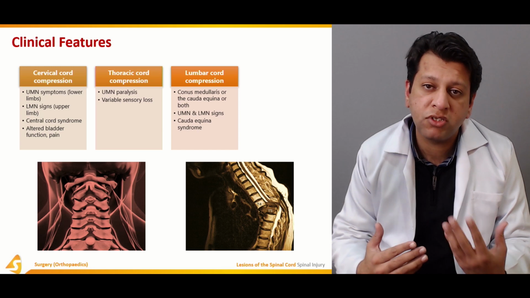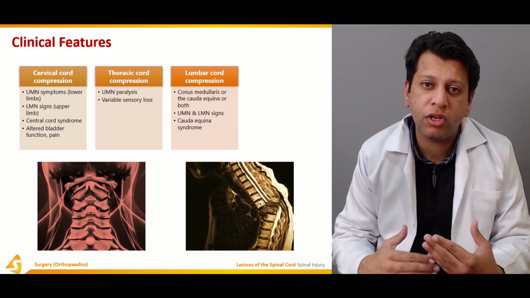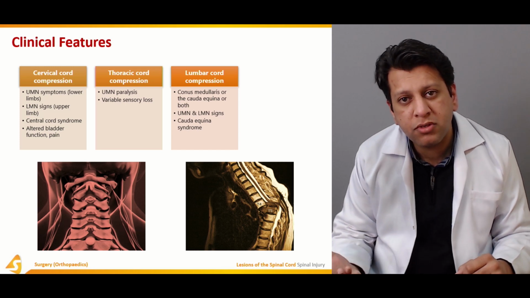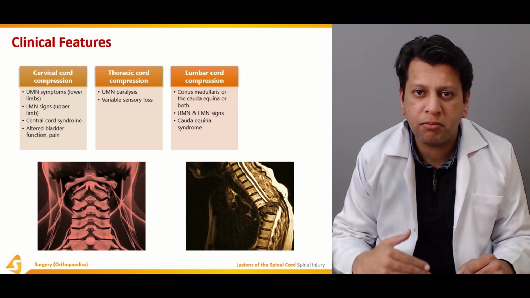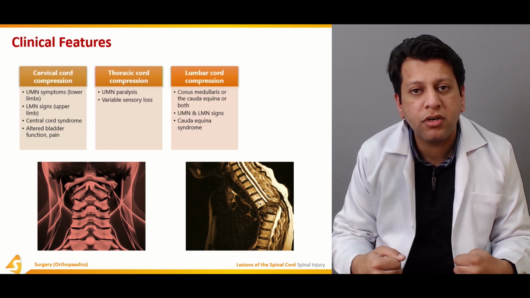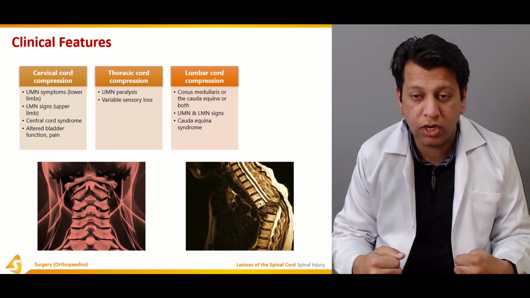This may be insidious, due to some kind of pathology, or it may be acute compression. Sometimes it is associated with upper motor neuron or sometimes with lower motor neuron lesions. A classical example in the lumbar region, if there is lumbar compression, is cauda equina syndrome.